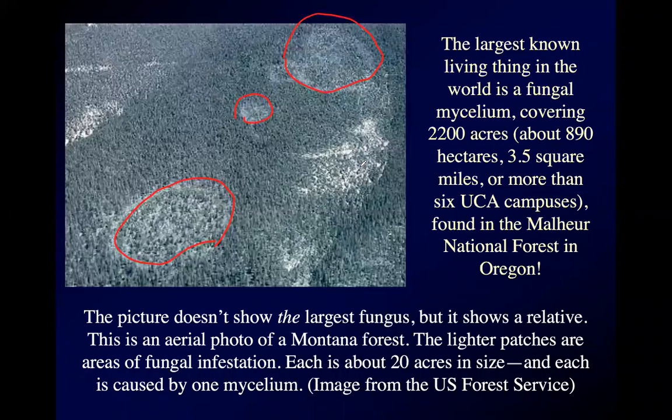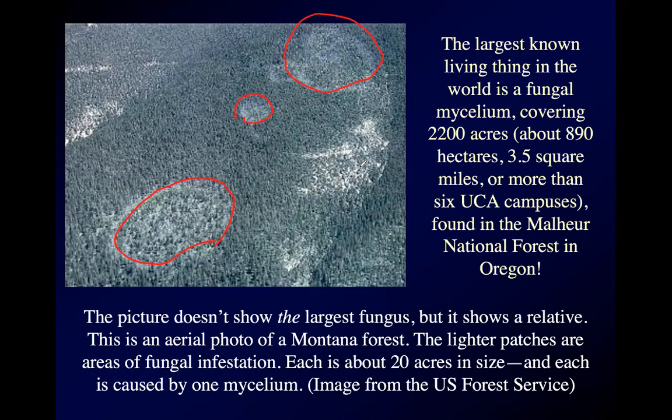And it's because these particular trees have been invaded by a fungus mycelium that doesn't just grow in soil, it penetrates the tree roots and causes disease. And each one of those areas of impaired tree growth is caused by one mycelium. The larger patches are about 20 acres in size.